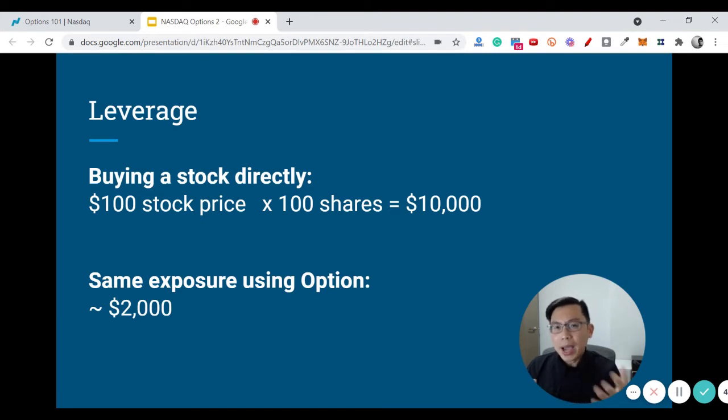It could be plus minus, could be 1,500, could be 2,500, 3,000, but on average about 20%, to have the same exposure of $10,000 worth of stock. So that's the leverage. You are using $2,000 to control $10,000 worth of shares. You can use the rest of your capital in other investments.